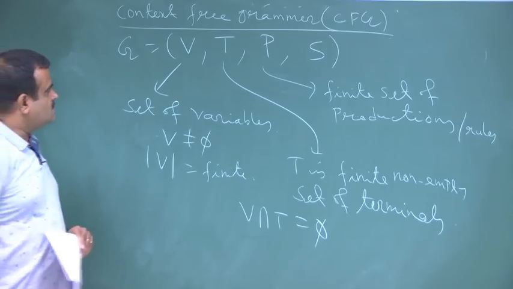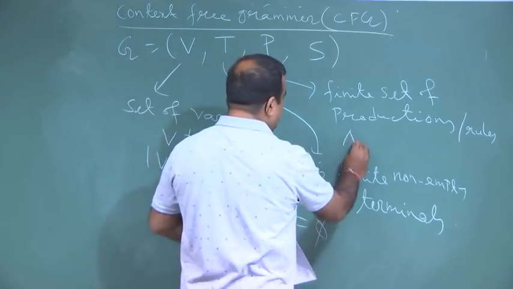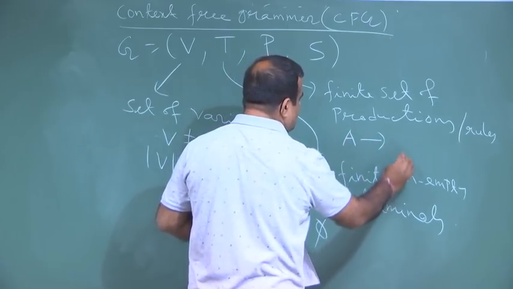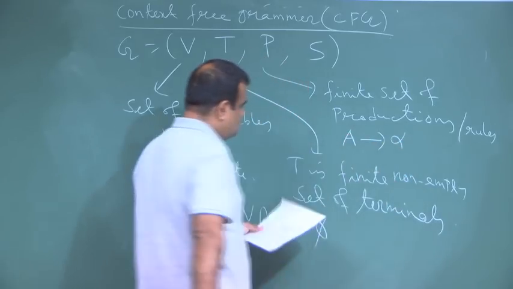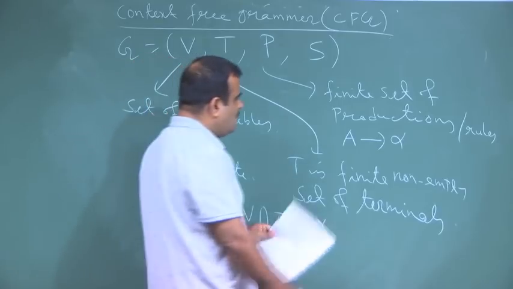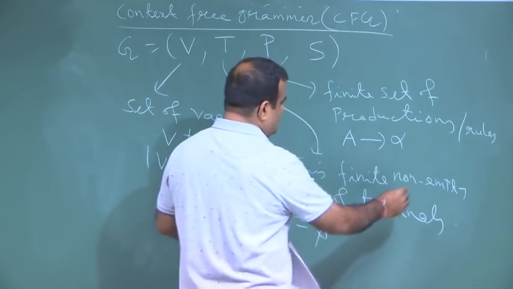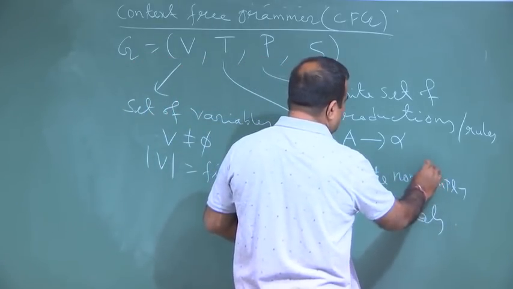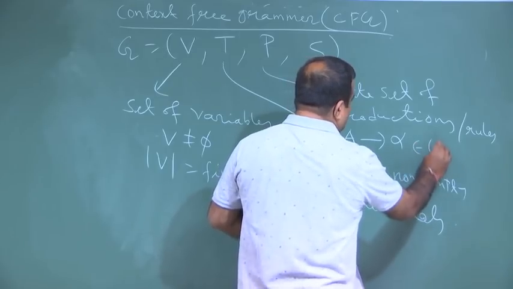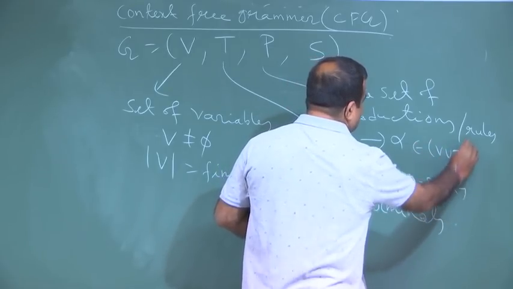Okay. So, this P will be of the form, say A is a variable, A goes to alpha, and this alpha could be any string. So, alpha is coming from (V union T) star.